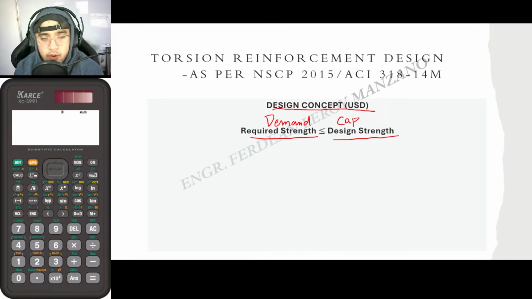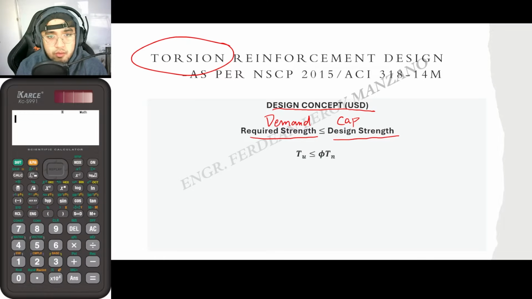And from our previous lecture, we did say that the required strength, or the demand, is basically Tu, Pu, or even Vu. But since we are to discuss torsion, we would now be discussing letter T as in torsion. So Tu, or the ultimate torsion, must be less than or equal to the design strength, which is the reduction factor times the nominal strength.